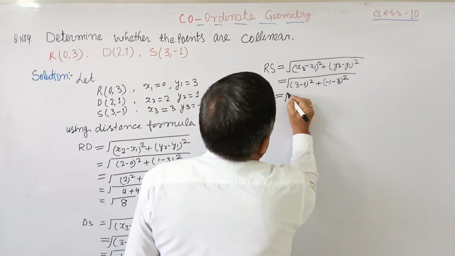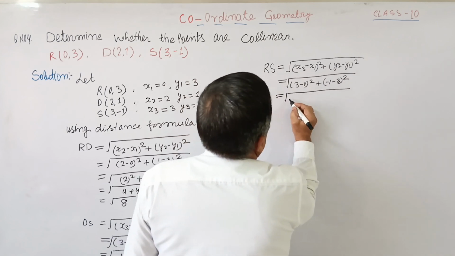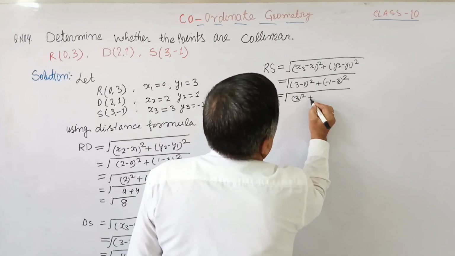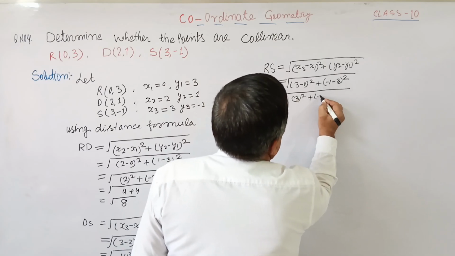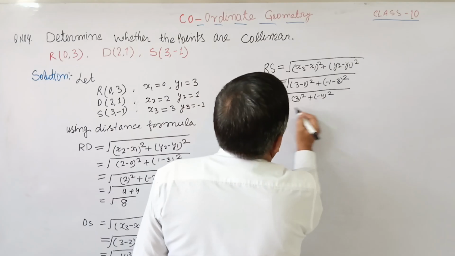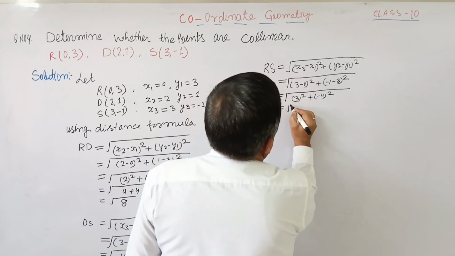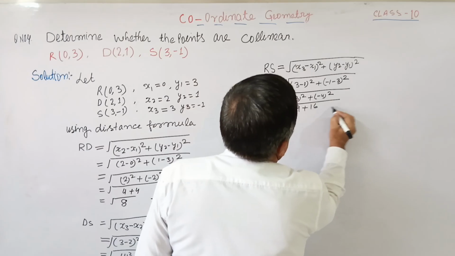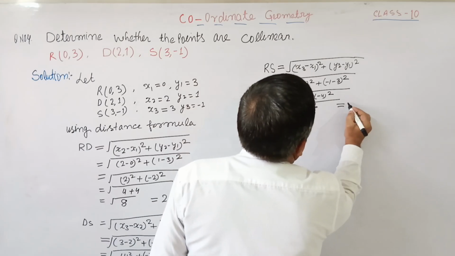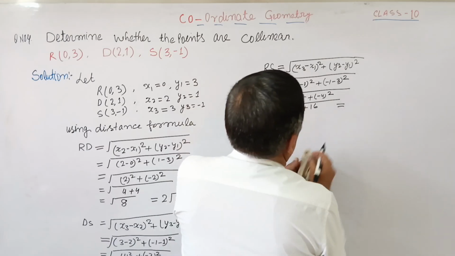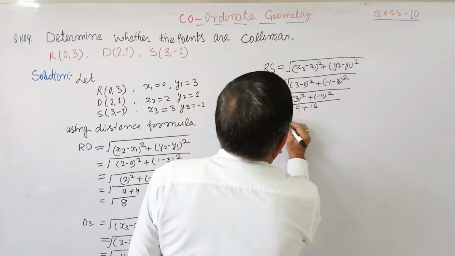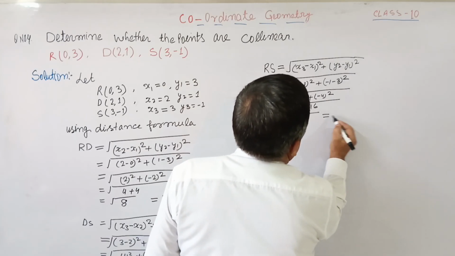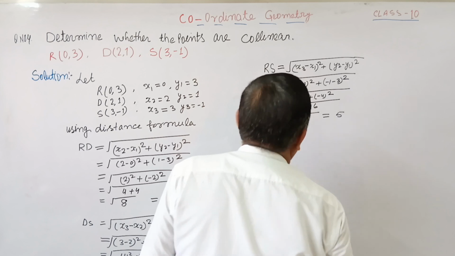So we get 3 square plus (minus 4) square equals 9 plus 16 equals root 25, which equals 5.